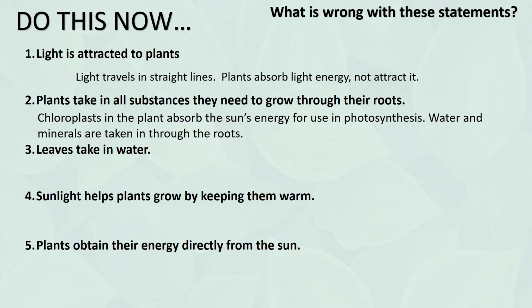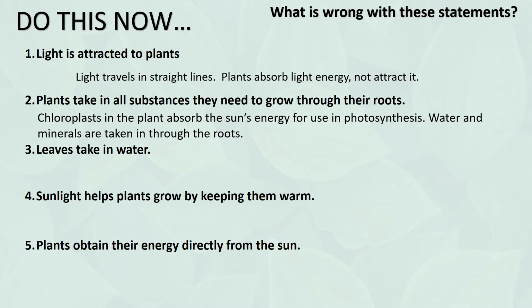Chloroplasts are where the light is being absorbed, and that's where it's making food, making that glucose, coming from the sun. We've got carbon dioxide that is coming from the air, so that's not from the roots. It's only water and minerals that are taken in through the roots. So everything else comes from other places.